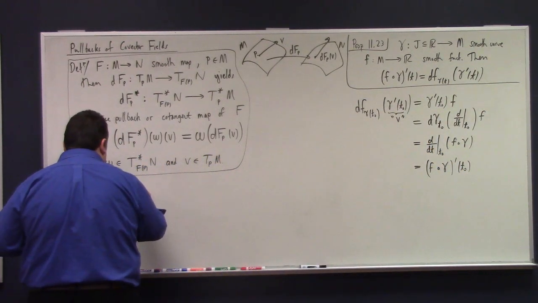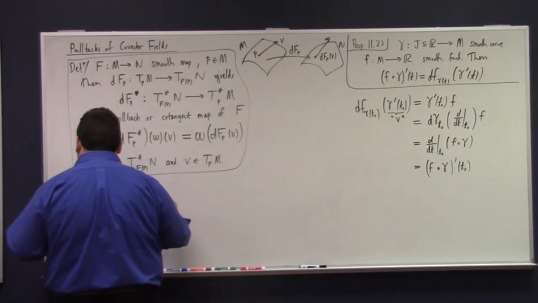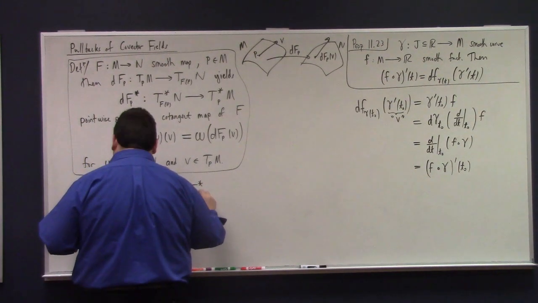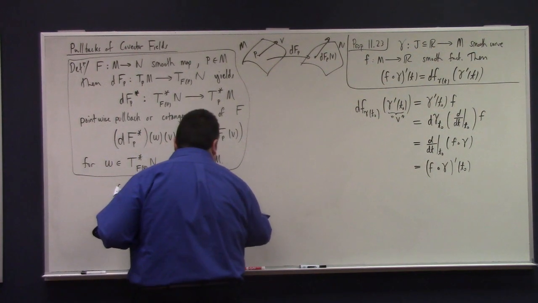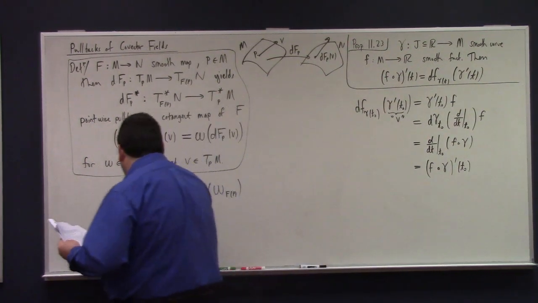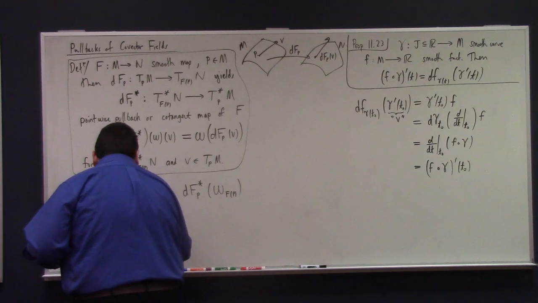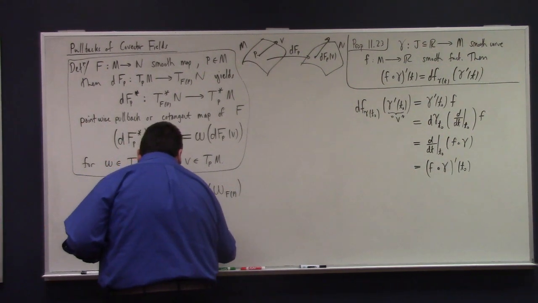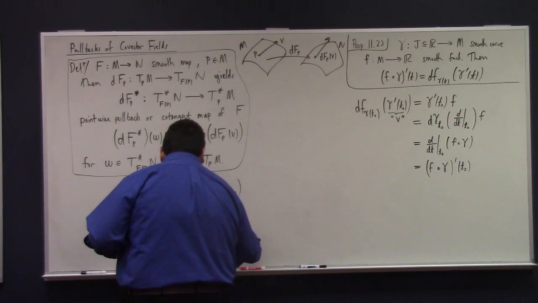The pullback under F of a covector field omega at the point P is just defined to be dF pullback P, the pointwise pullback of omega at F of P. So in particular, the way that works is the pullback of a covector field omega at the point P, when it acts on a vector v, we just get omega of F of P acting on dF_P of v.